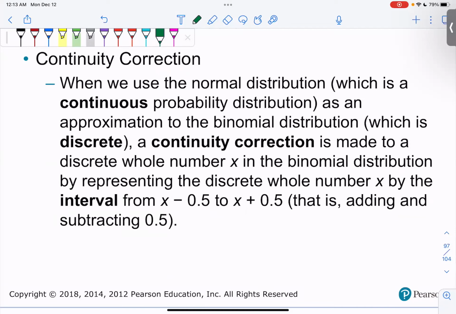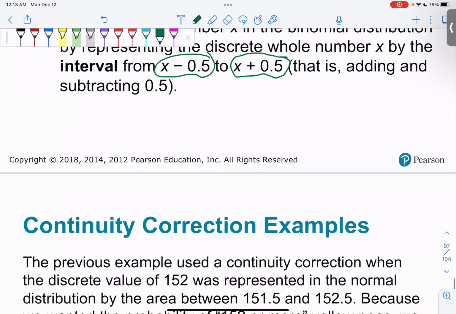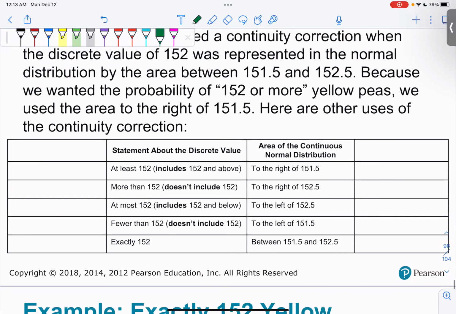So we either subtract 0.5 from X or add 0.5 to X. This is the table. Here let's use the discrete here and use the continuous here.